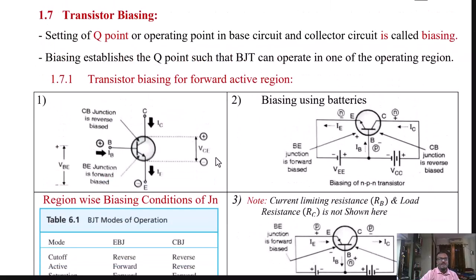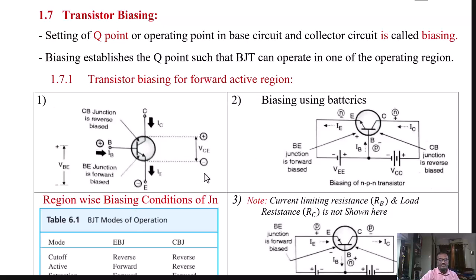So the function of the biasing circuit is, in short, to establish the operating point for BJT in input circuit and output circuit so that it can be operated in the desired region out of the three regions we have discussed.